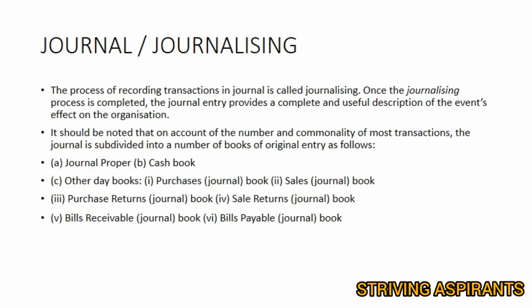There are different types of journals for convenience, including journal proper, purchase return journal, and purchases journal. Companies use these according to their convenience and the bulk of their transactions.